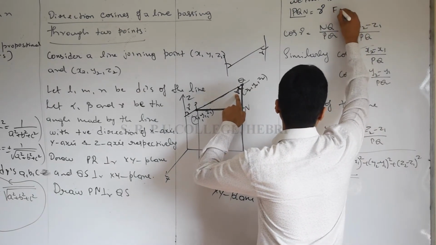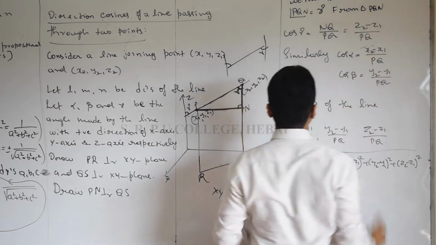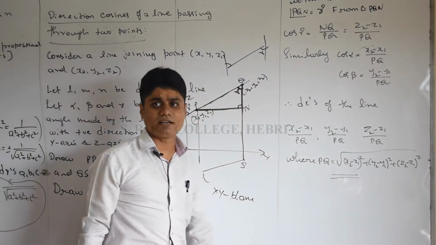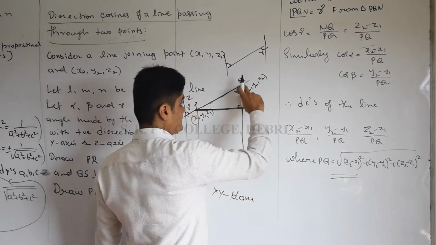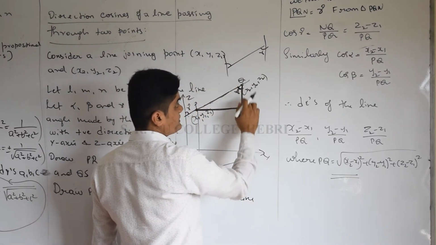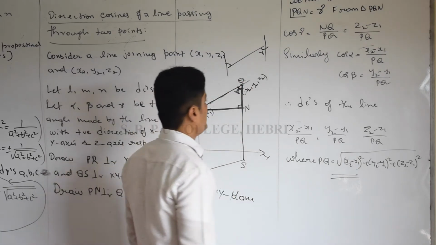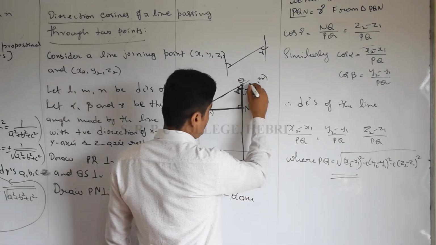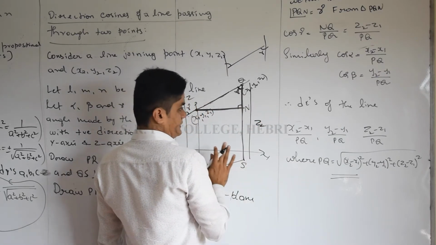Now from triangle PQN, define cos gamma. You know the definition of cos, adjacent by hypotenuse. What is the adjacent side? NQ or QN. What is the hypotenuse? PQ. What is NQ? This whole length QS is Z2, correct?